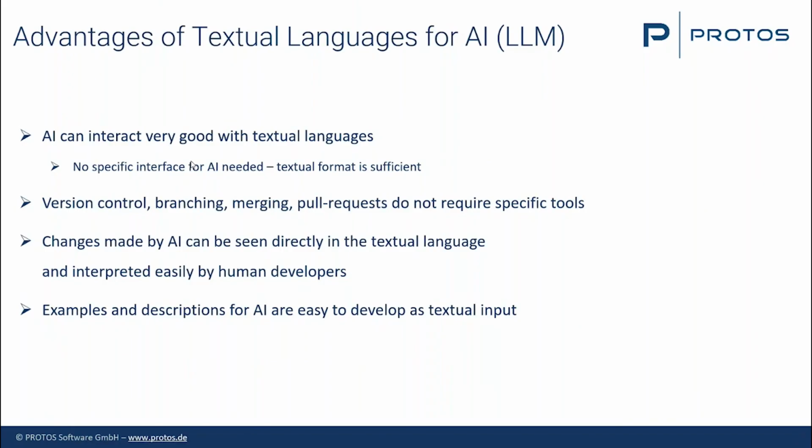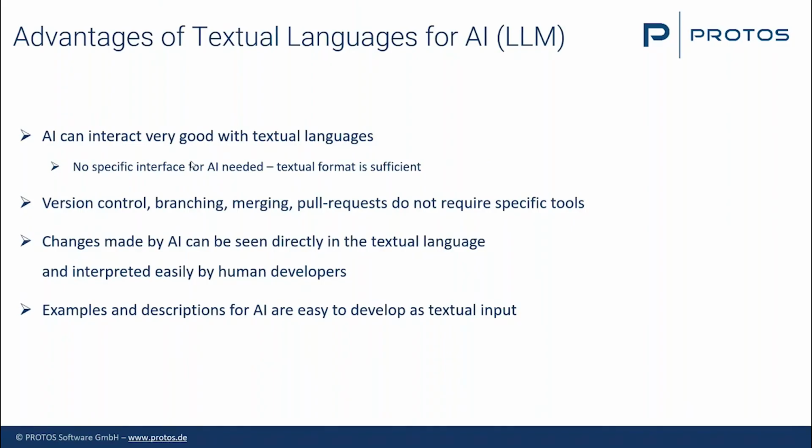That's the next point here. You as a human being can directly see what changes the AI made in your code base. You do not need any additional model editor or model differ to see that. And also one important thing is the examples and descriptions for AI are easy to develop as a textual input.